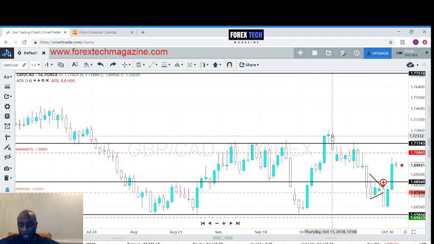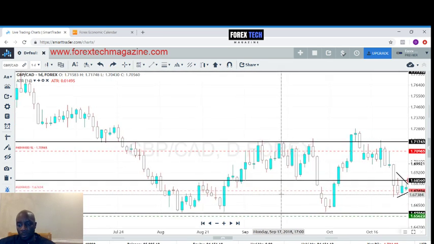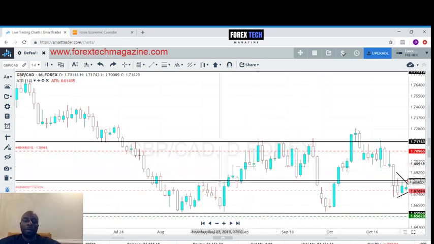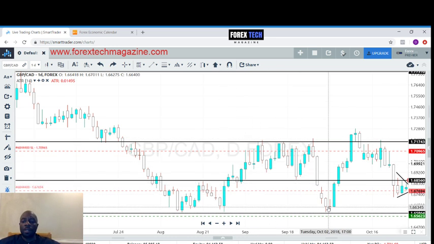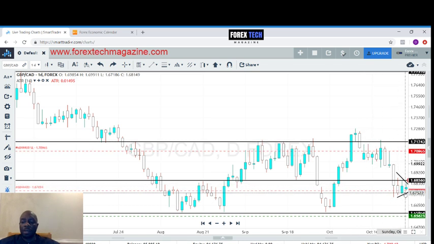So anyway, when we look at this currency pair here, which is the Great Britain pound, Canadian dollar, when I first came in, this is what I saw, right? Price had come up, come down, gone up, and is in the process of coming back down, but it hasn't made its way back down yet.